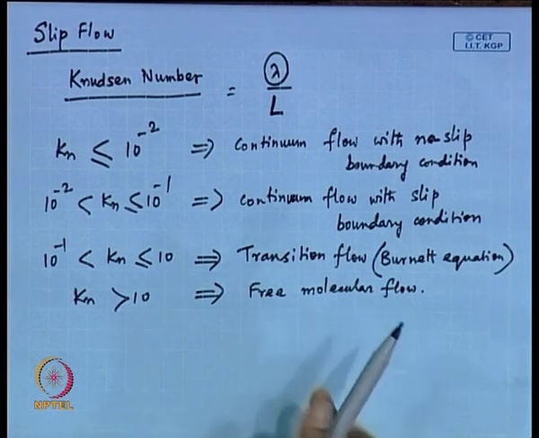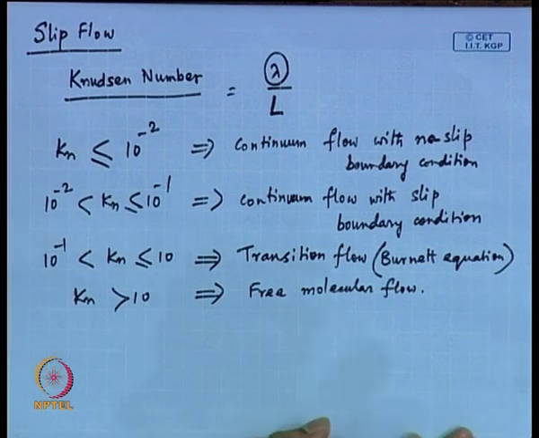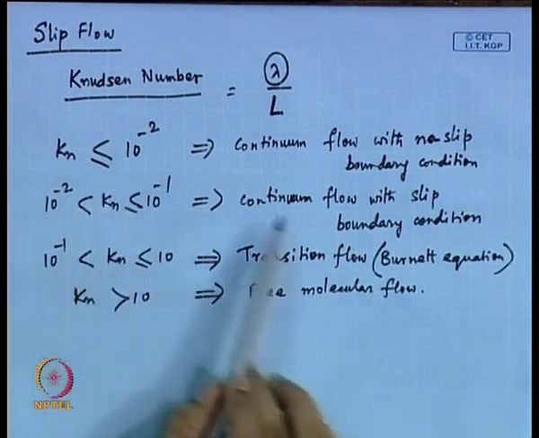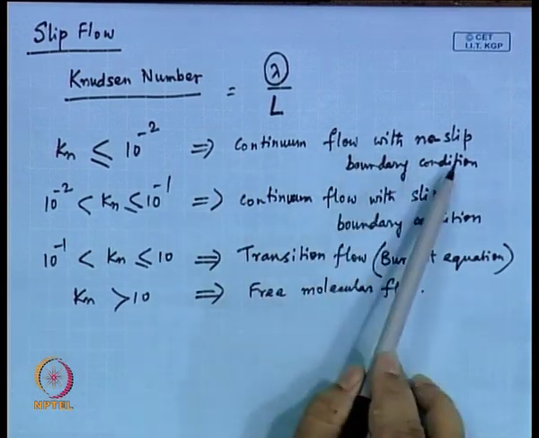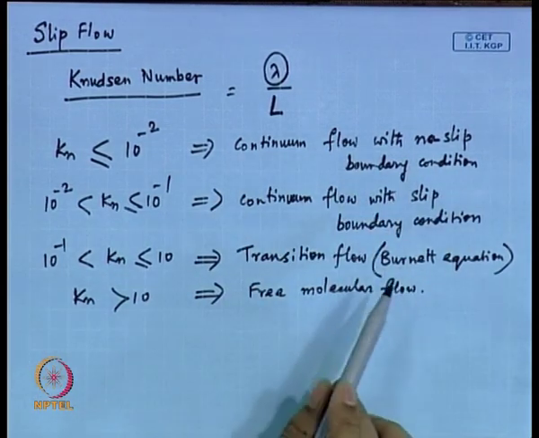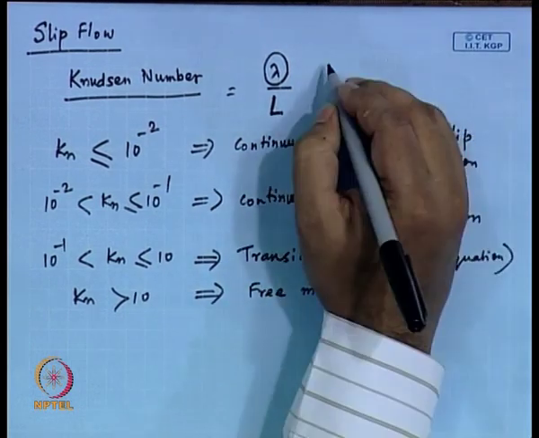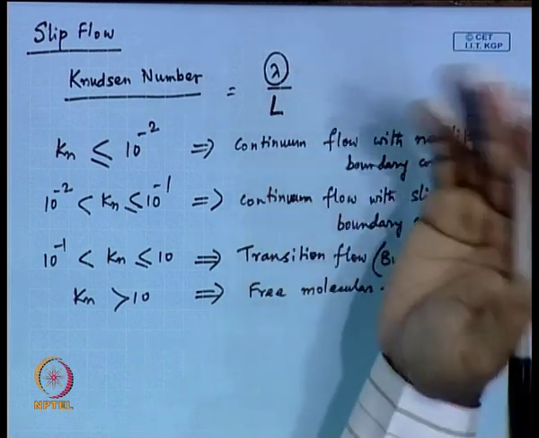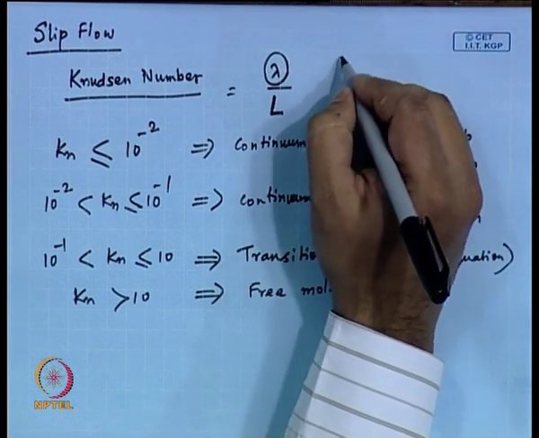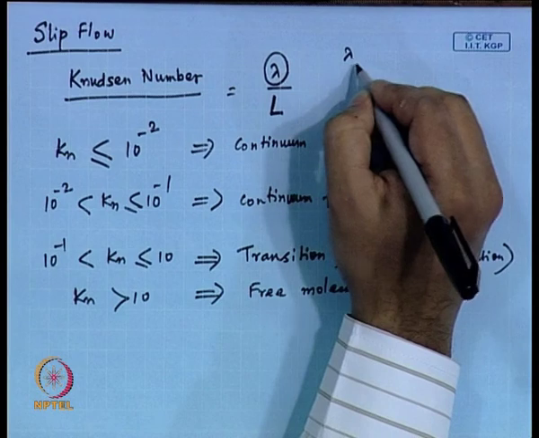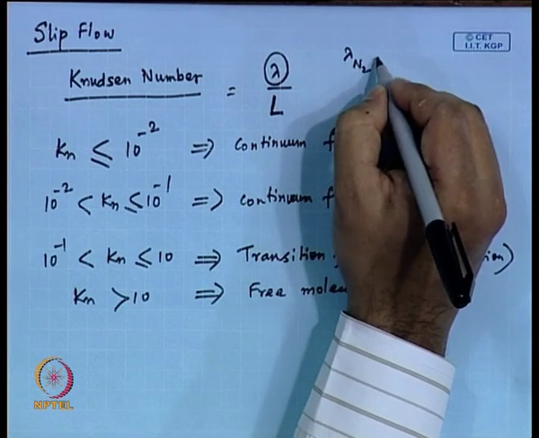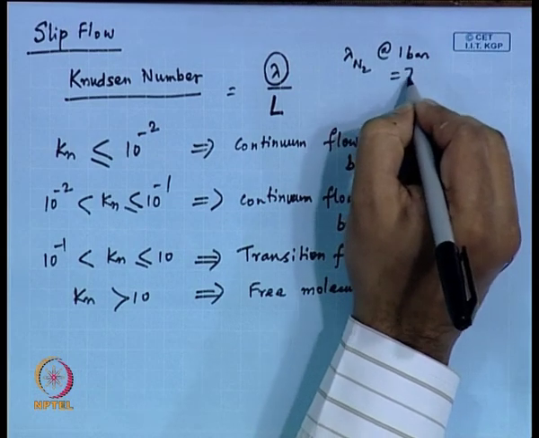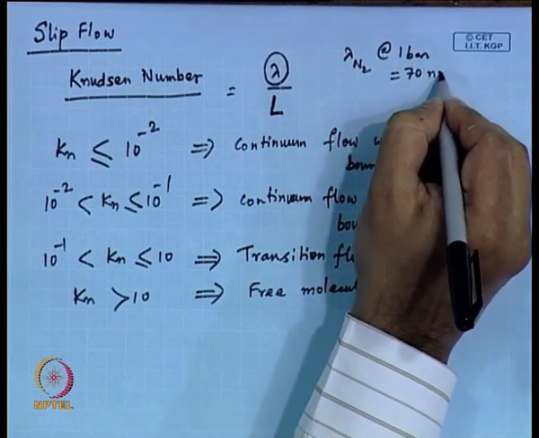So, completely continuum flow, Navier-Stokes, all these will be gone. So, if the Knudsen number is less than or equal to 10 to the power minus 2, then only you will have continuum flow with no slip boundary condition. Now, what we showed in the last class, or previously, is that lambda of nitrogen at 1 bar pressure is about 70 nanometer.